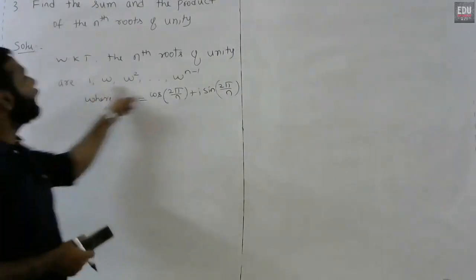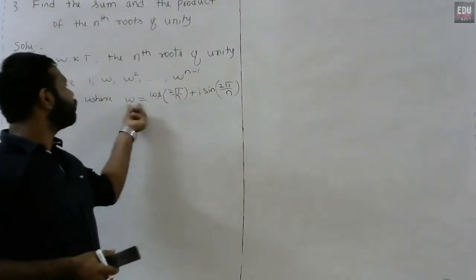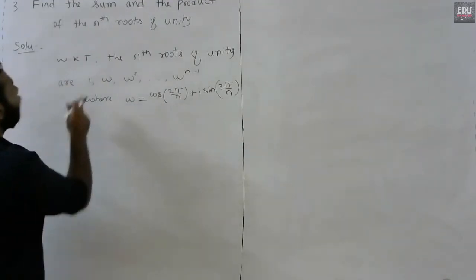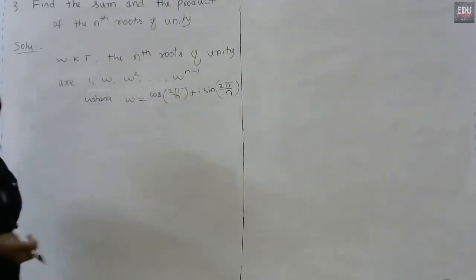Right? We know that these are the nth roots of unity with omega value of this. Now we have to find the sum of these values and product of these values.